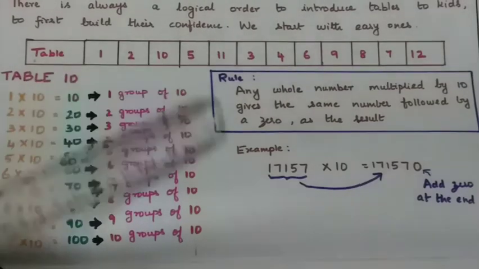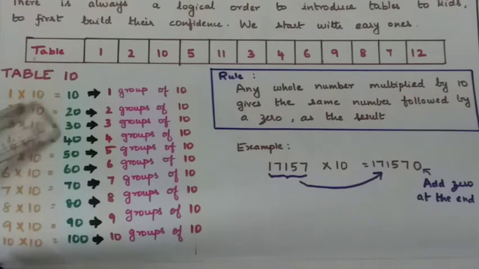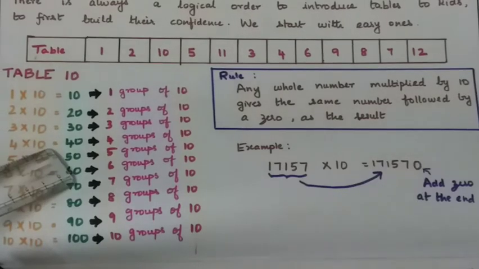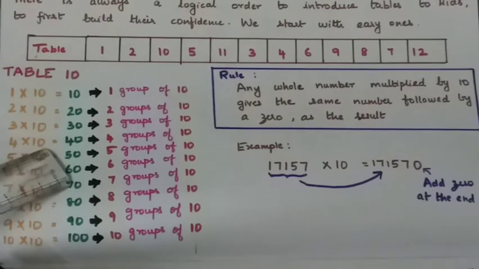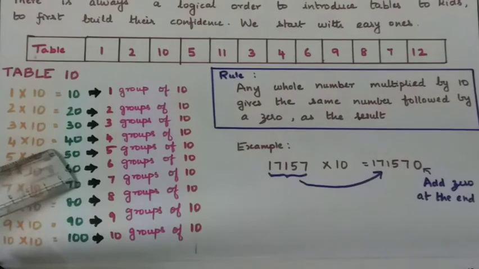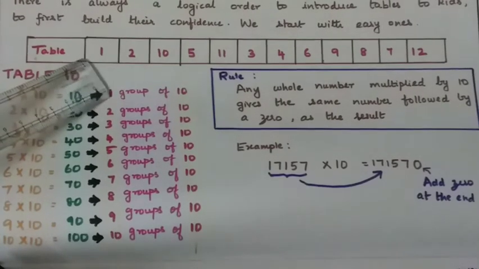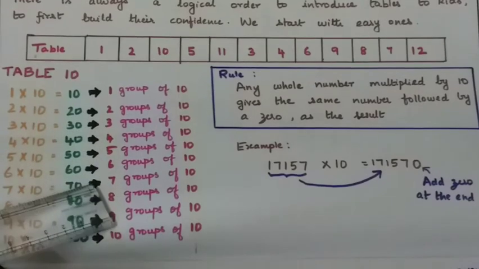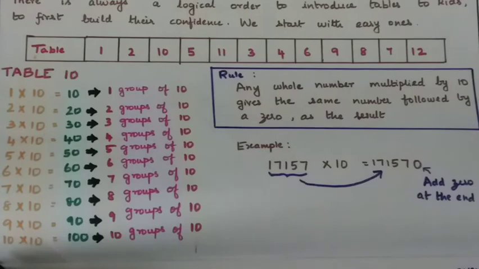Here I have explained what actually 1 tens are, 2 tens are, 3 tens are, etc. mean. So let's take the fourth row of table 10. 4 into 10 means there are 4 groups with 10 items in each group. So for the kid to understand what actually these terms mean, I have written here to make the kids clear about the concept of multiplication.